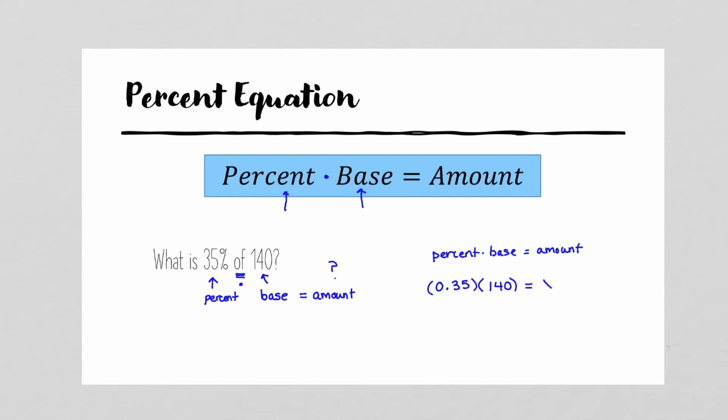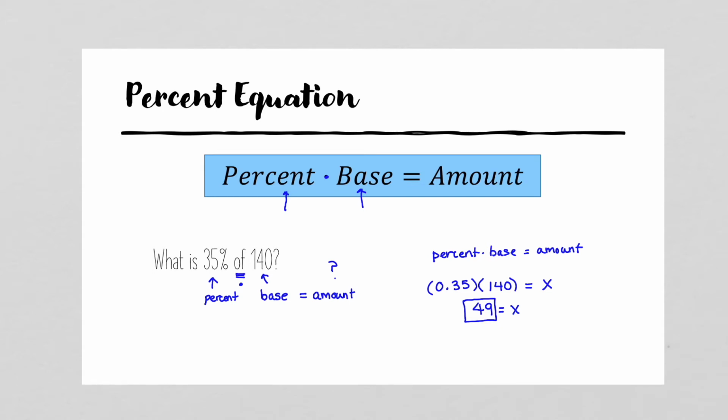So I'm going to put X there because I don't know what that is. I have to take 0.35 times 140. I can't do that in my head, so I'm going to pull out my calculator. I'm going to take 0.35, multiply it times 140, and it tells me that that answer is 49. And so to answer the question, what is 35% of 140? The answer is simply 49. Or I could state that 49 is 35% of 140.